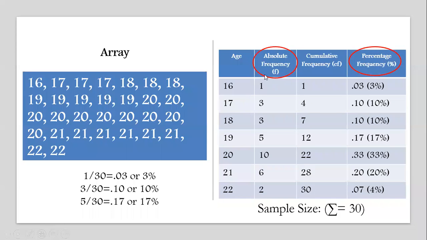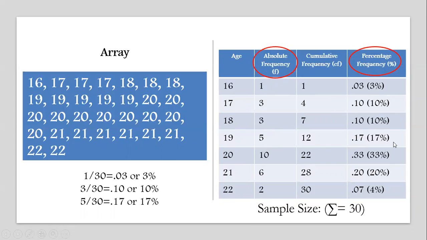So we would simply divide 1 by 30, which would give us 3%. We would divide 3 by 30, which would give us 10%. And we would divide 5 by 30, which would give us 17%.